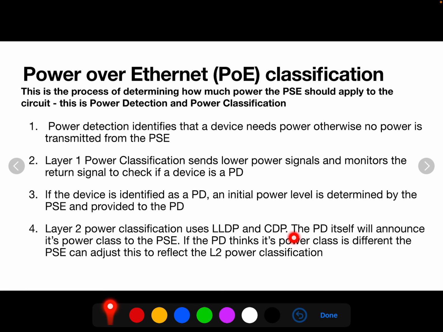Basically, these protocols are used for layer 2 power classification. So the power device itself is going to tell the power sourcing equipment its power class. This is important. Now, if the PD thinks its power class is different, then the power sourcing equipment will adjust the power to reflect the layer 2 power classification. So it's a very important process that's happening there.